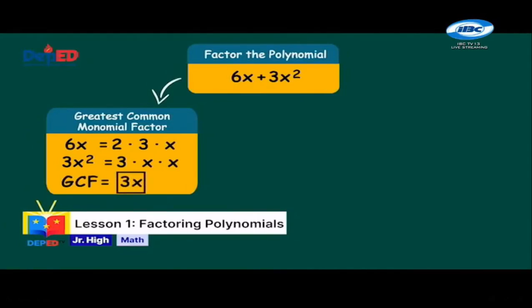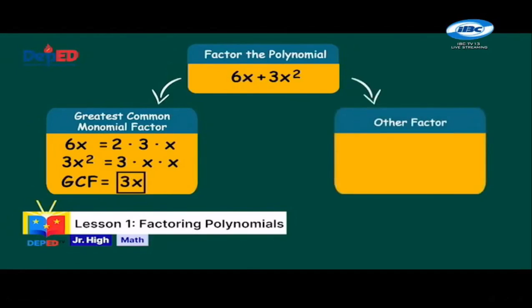To factor 6x plus 3x squared, simply divide each term of the given polynomial by the common factor. 6x divided by 3x and 3x squared divided by 3x. By applying division and the quotient rule in the laws of exponent, 6x divided by 3x is equal to 2, since x divided by x is just 1.